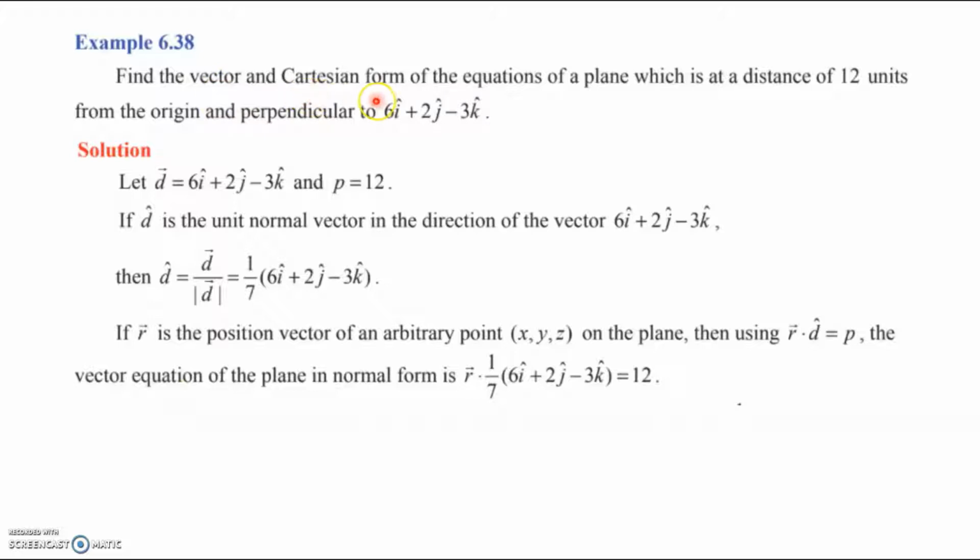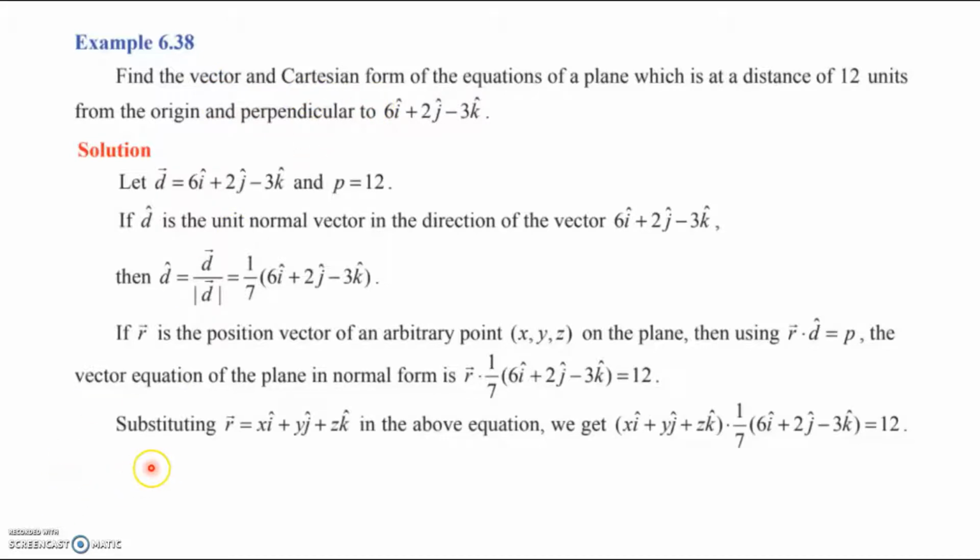Now for the Cartesian form of the equation. Let's substitute our r vector as xi cap plus yj cap plus zk cap in the above equation. So substituting this into this, you get this equation.